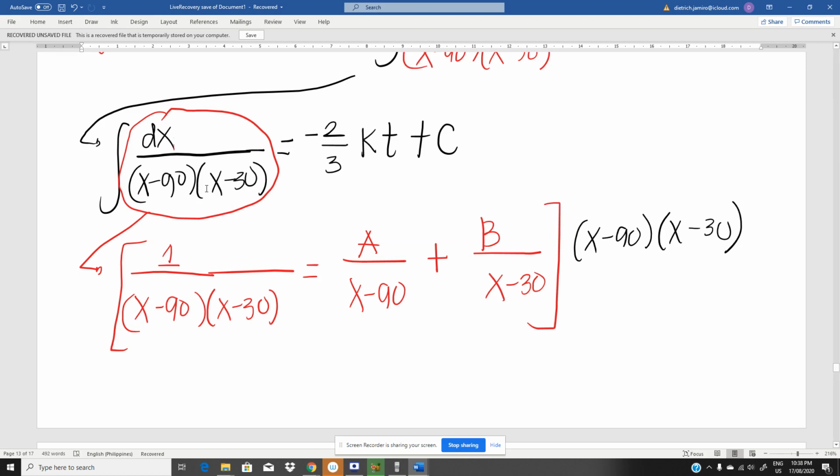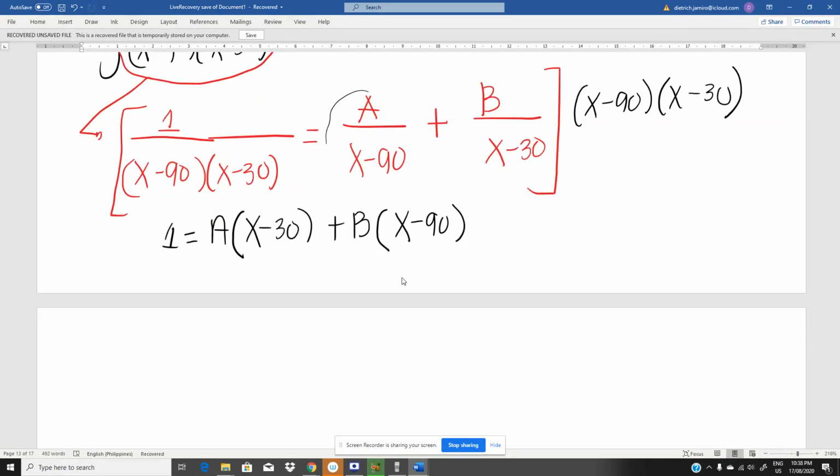Distributing, so we will have 1 is equal to A multiplied by x minus 90 will cancel out on this term. So we'll have x minus 30 plus B quantity. X minus 30 will cancel out. So we will have x minus 90.